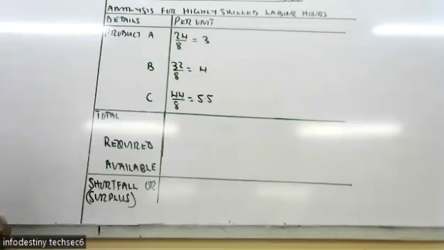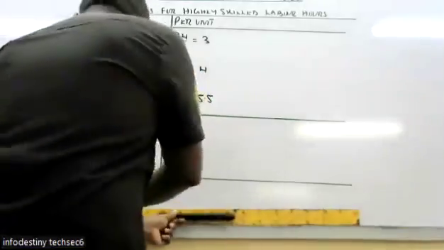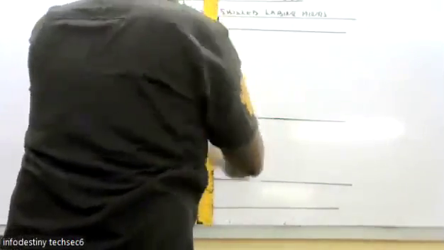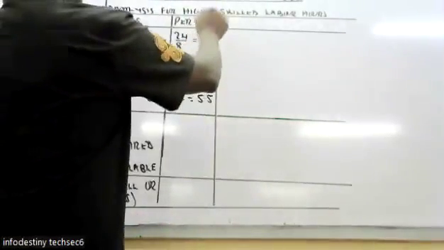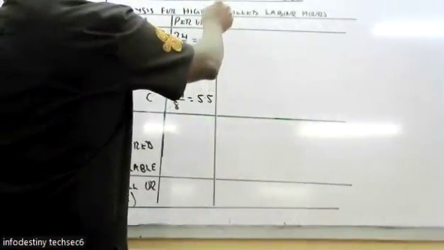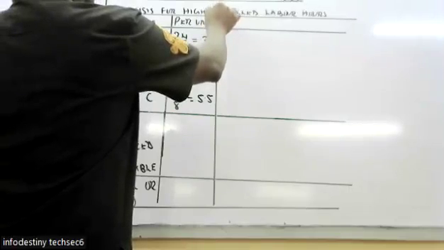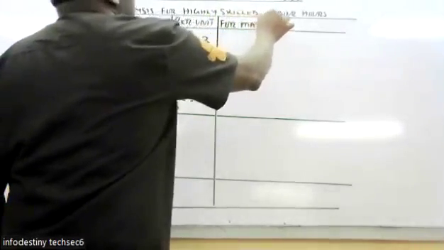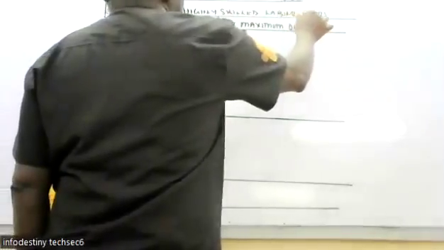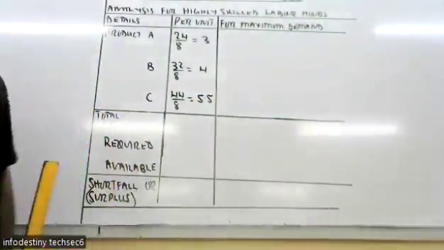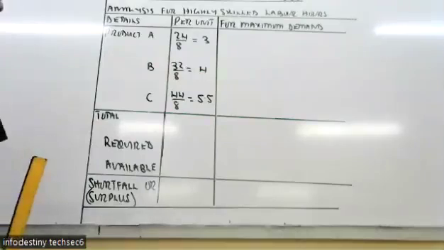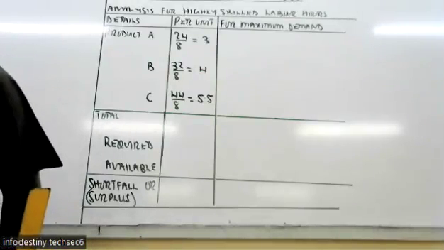Okay. So sasa, for maximum demand. Now the maximum demand is product A is 2000.